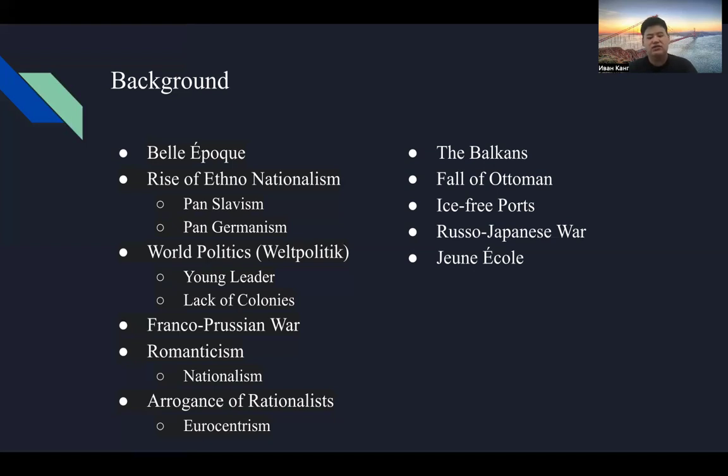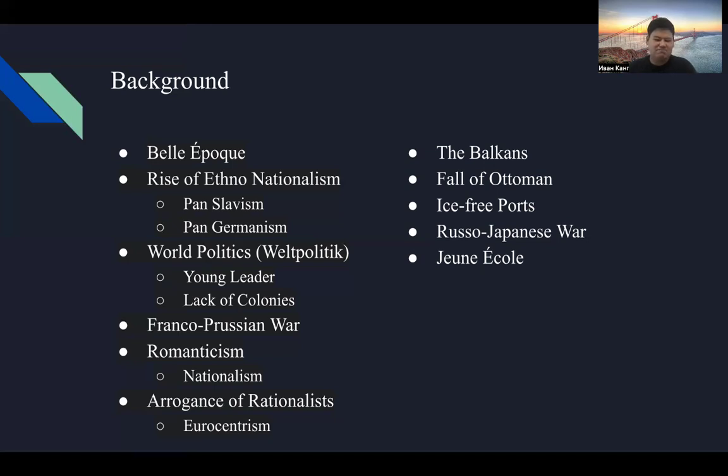And the third one is world politics, or in German, Weltpolitik. This was done by the young leader, William II. Since he was a young leader and he didn't have much of a background or any sort of reason to rule the country, he was quite focused on gaining colonies.